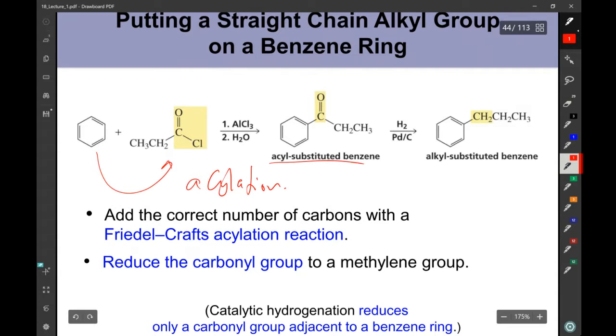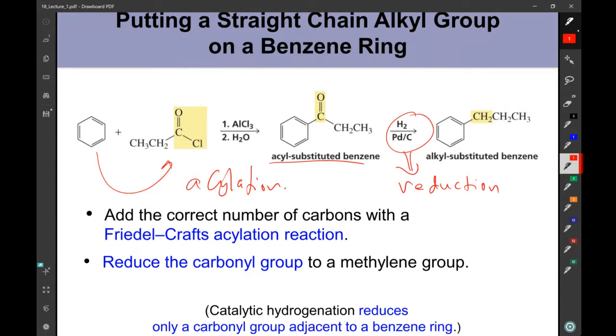Once I form my acyl substituted benzene, the next thing I do is reaction with hydrogen, and this reaction with hydrogen is called reduction. Does that make sense? So if I want to make A, the first step is an acylation followed by a reduction. And then you see that I clearly formed the product I wanted.